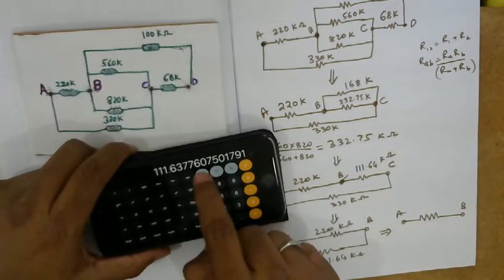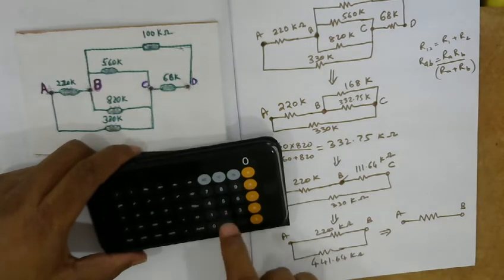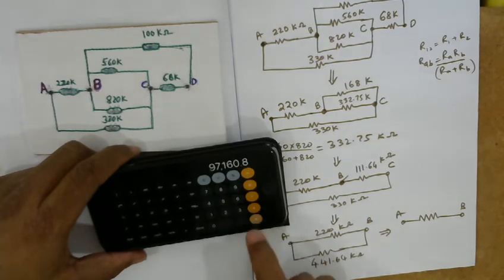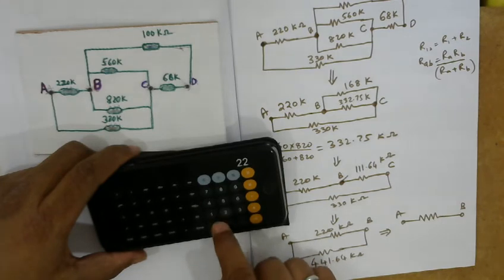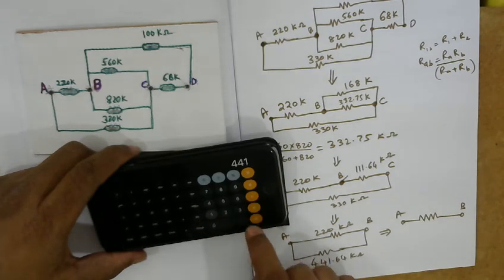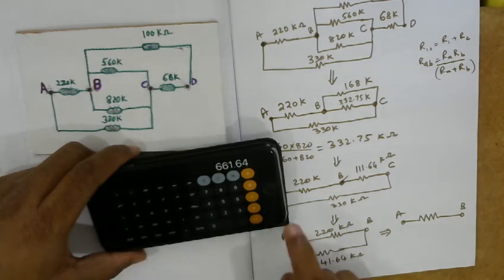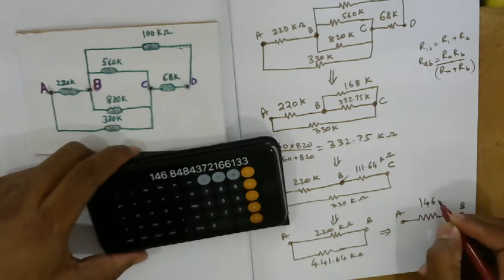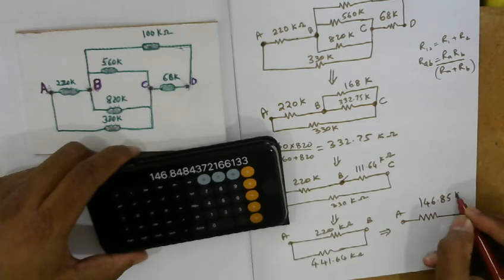So again, let me do that. So how do I do it? 220 multiplied by 441.64, then divided by 220 plus 441.64. So I am getting 146.85 kilo ohms.